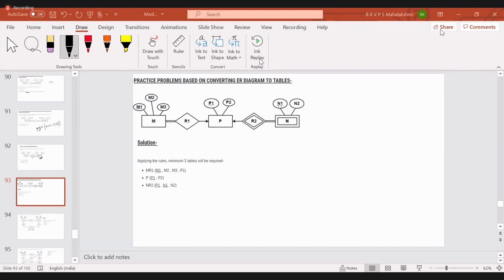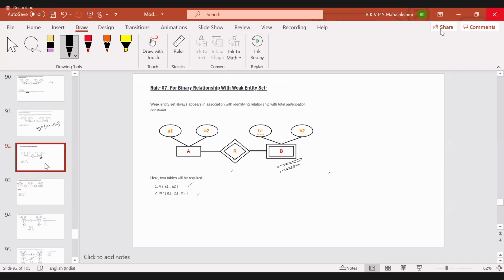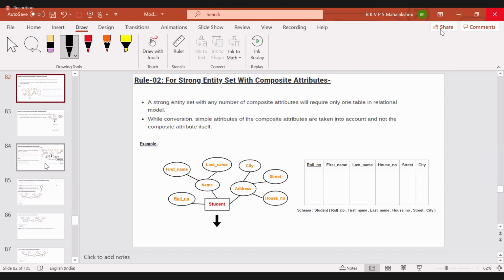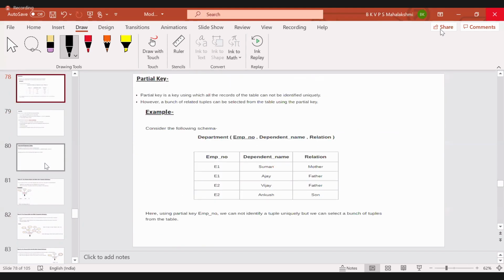Understand the concept or not? Yes, ma'am. If there are any doubts in any of the concepts, then I'll explain one more time.